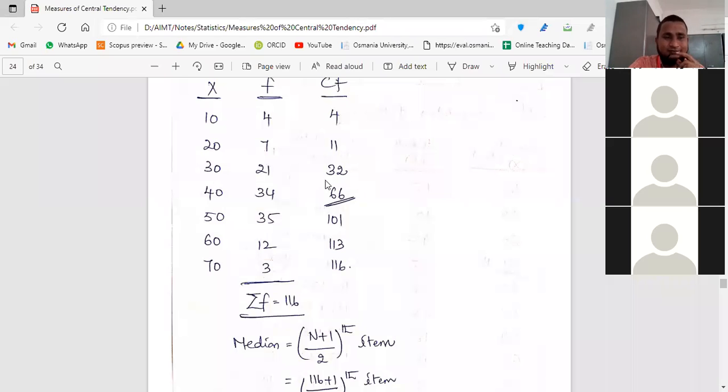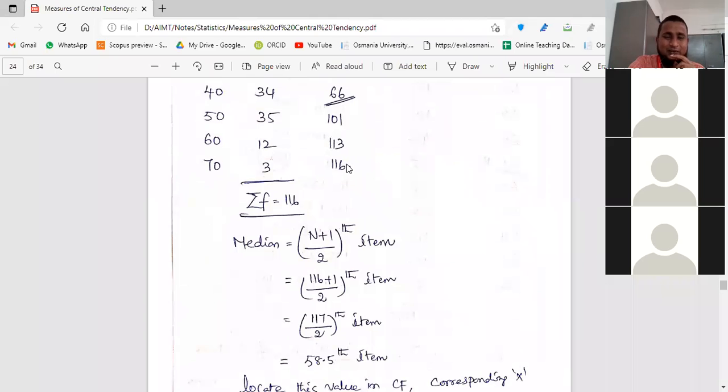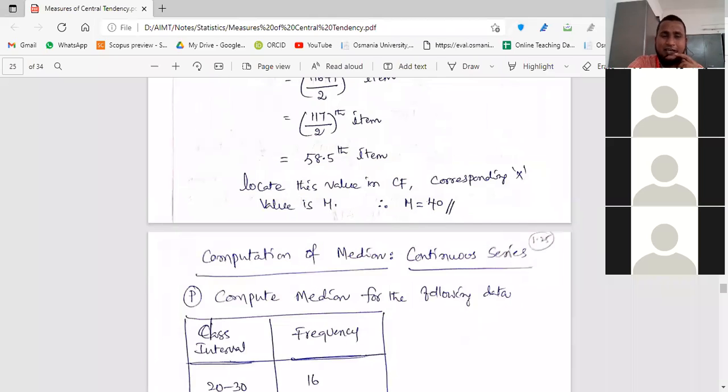If it is 57 and 58, then you can select any value, not a problem. So the corresponding X value will become the median. Next.